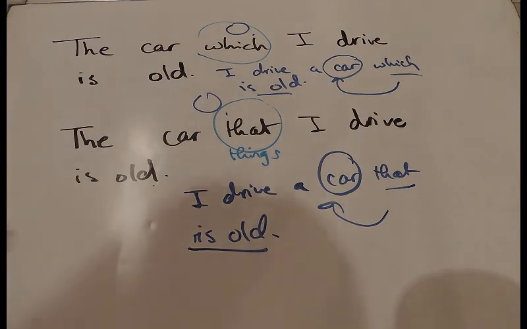Okay, so again, how I figured out it is objective is that I only rearranged the sentence to make it clear and direct, because I just said that the car which I drive is old has the same meaning as I drive a car which is old. Alright?